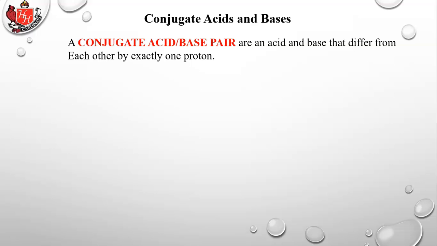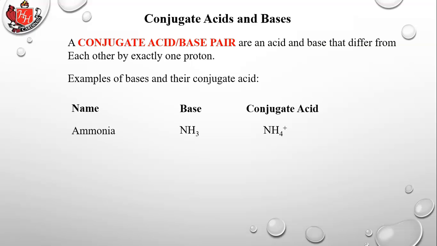A conjugate acid-base pair are an acid and base that differ from each other by exactly one proton. Examples of bases and their conjugate acid: ammonia, NH3. If it pulls a proton away from a water molecule, it becomes NH4, and that extra proton gives it a positive charge, so it's NH4+, called the ammonium ion.